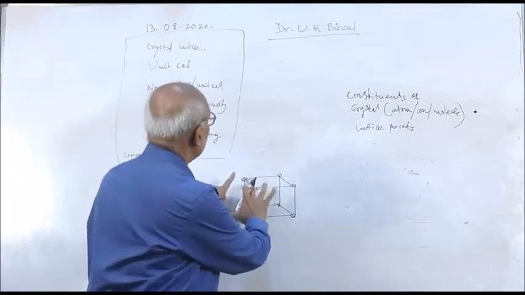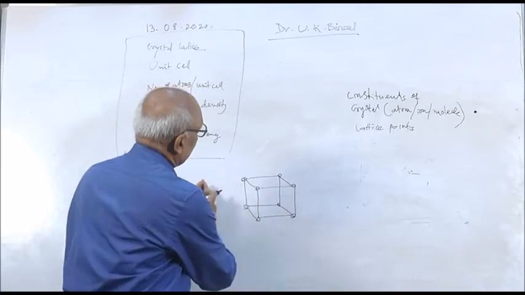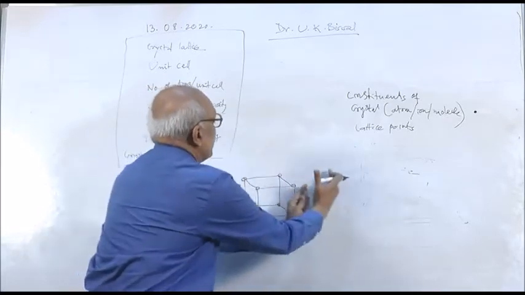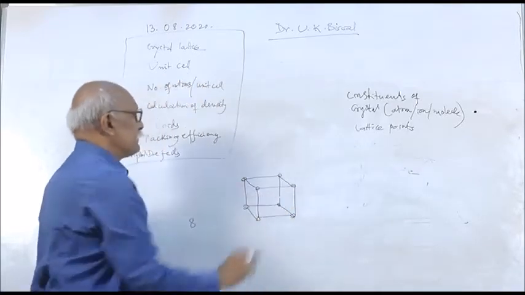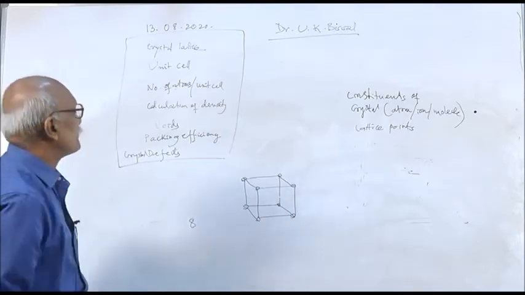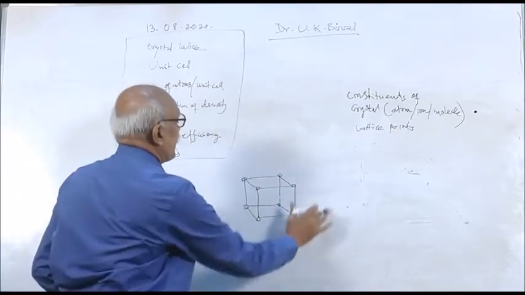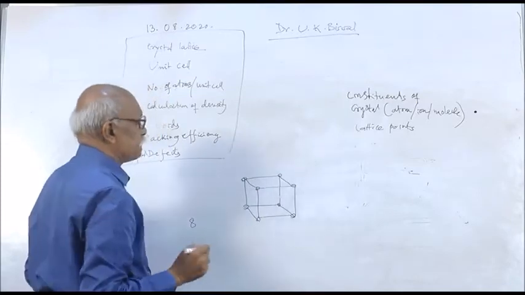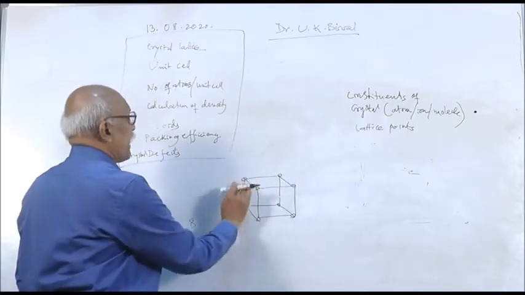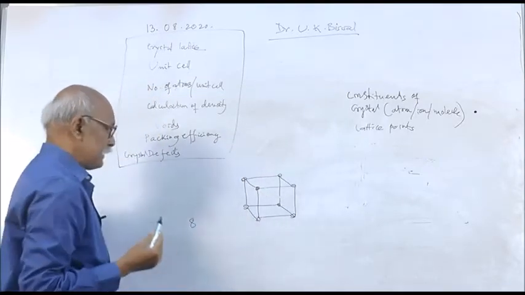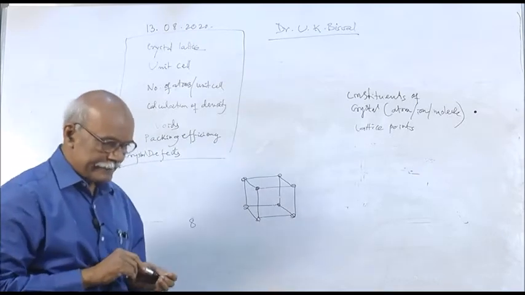They are present as 8 points, but here is another cube, here is another cube, here is another. This is not a single cube, it is three-dimensionally extended in space. So each corner point is actually shared by 8 cubes.